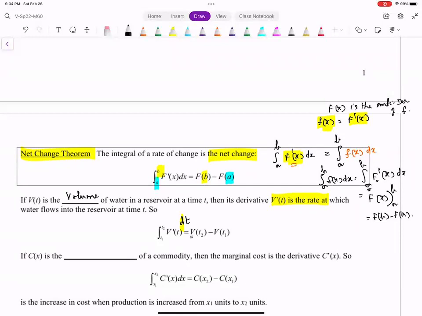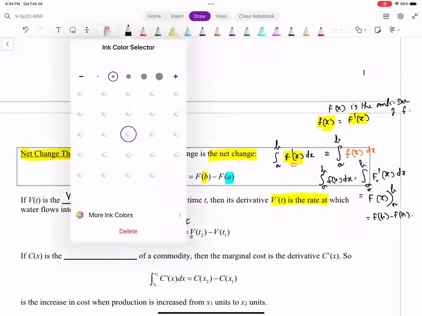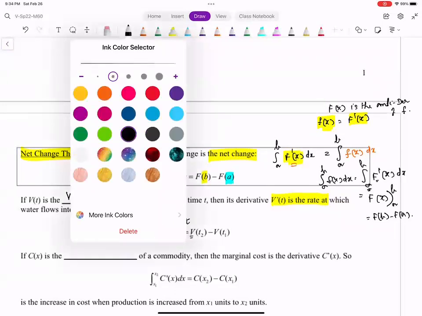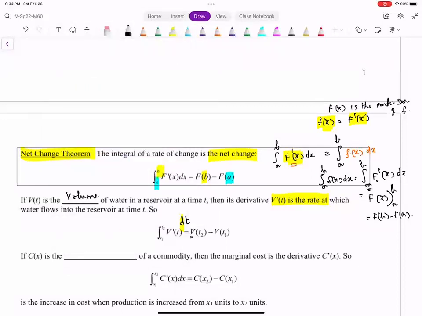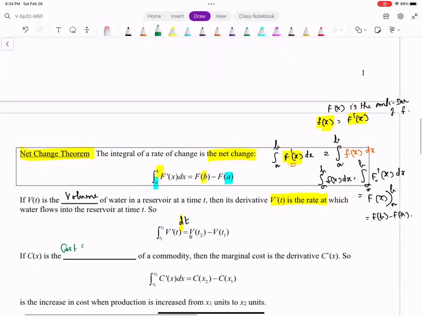If C of x is the cost of producing x units of a commodity, then the marginal cost is the derivative C prime x.